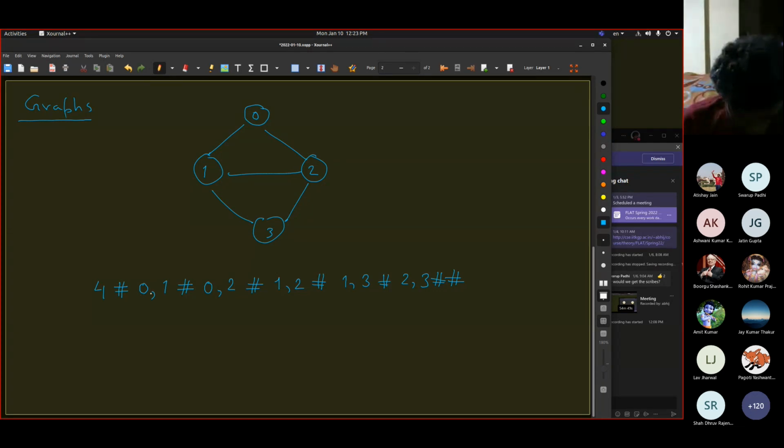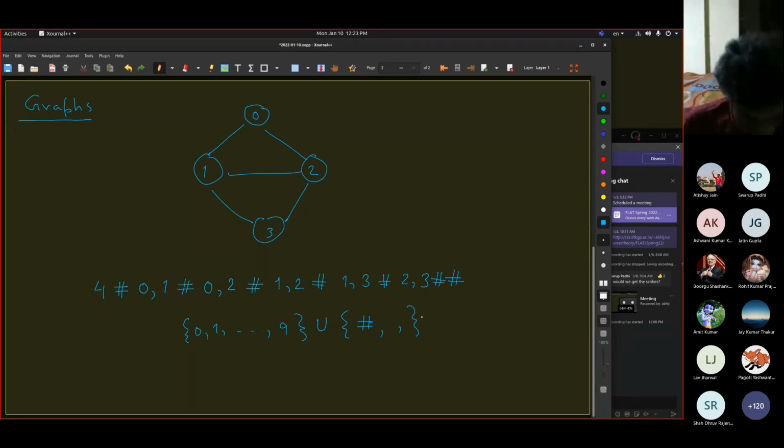Okay. So this string is again over an alphabet. You have to use 0, 1 through 9 for representing these numbers. And then you are using two separators, hash and comma. It's a string over this.